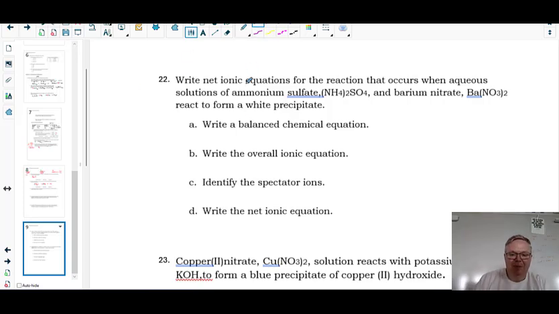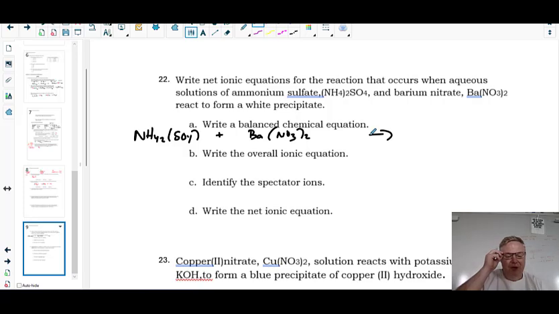All right, the last couple here. It says we've got aqueous solutions of ammonium sulfate and barium nitrate, and we're going to get something. So we know the barium is going to combine with the sulfate, so that's +2, -2. So we're going to get barium sulfate and ammonium nitrate. Now we need to put in our states of matter.